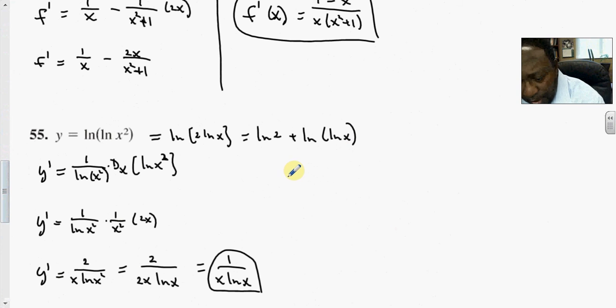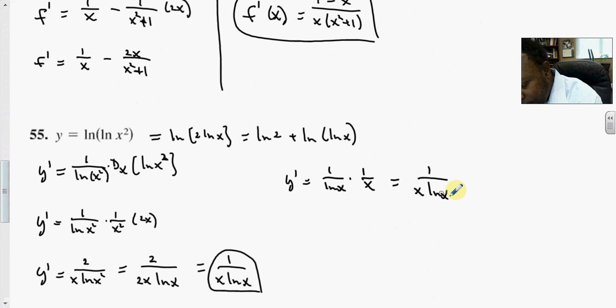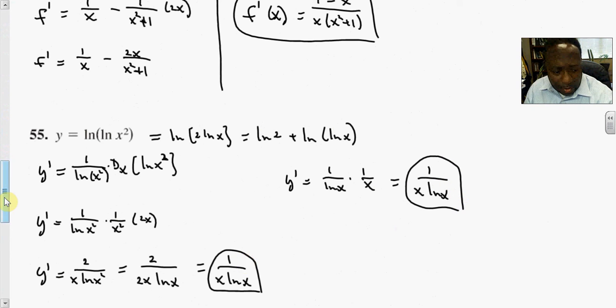And then if you were using that, the y prime, the derivative of a constant is 0. So this is the derivative of the natural log of x, which is 1 over the natural log of x, now times the derivative of the natural log of x, which is just 1 over x. And that's the answer, 1 over x times the natural log of x. So either way you do it, you get the same thing.